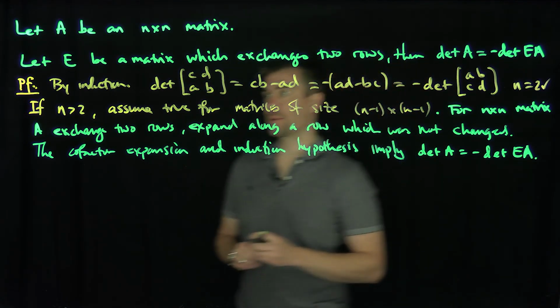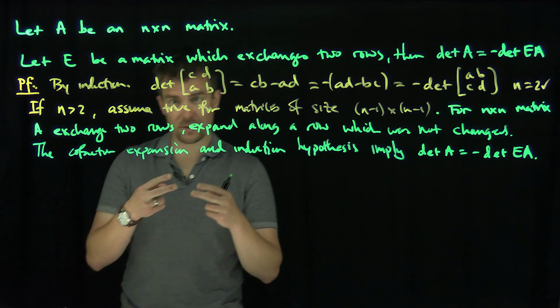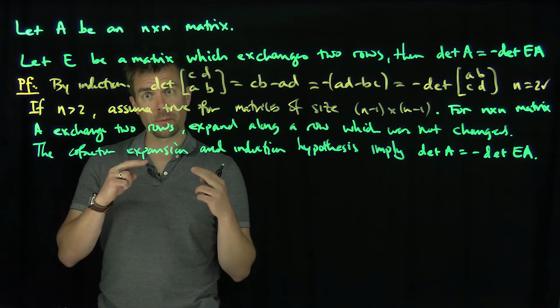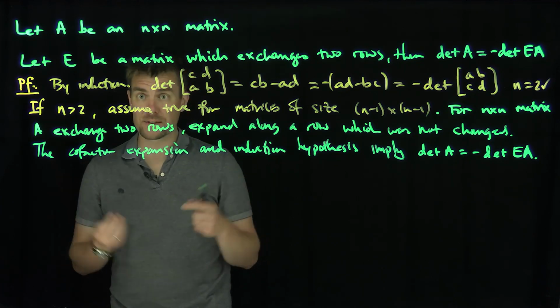So that proves the first proposition. If you interchange two rows in a matrix, the determinants of the original matrix and the exchanged matrix will be of opposite sign.